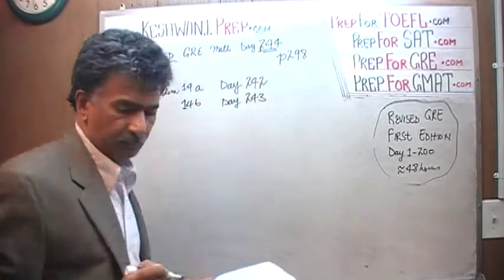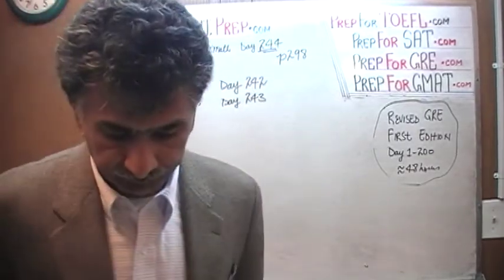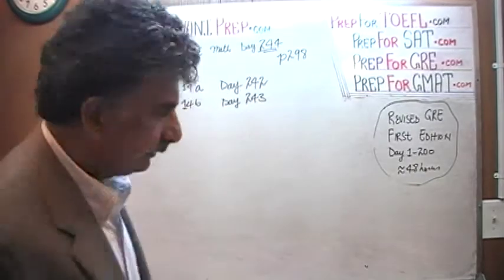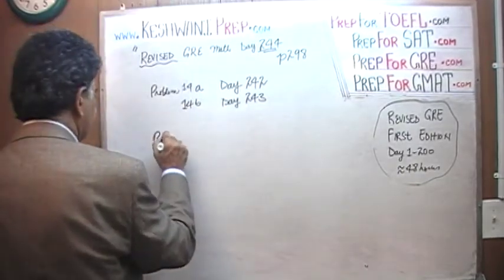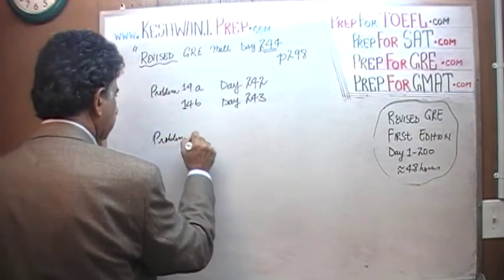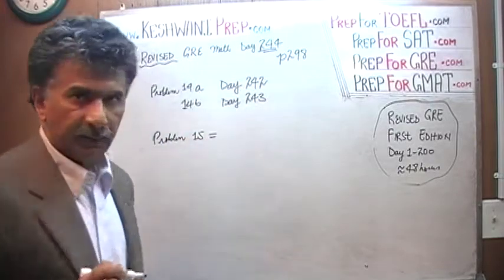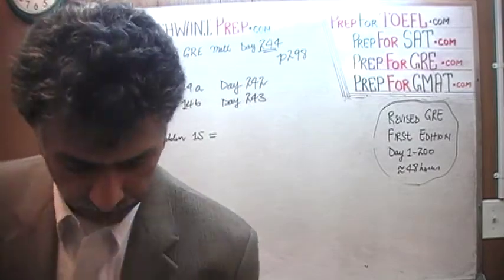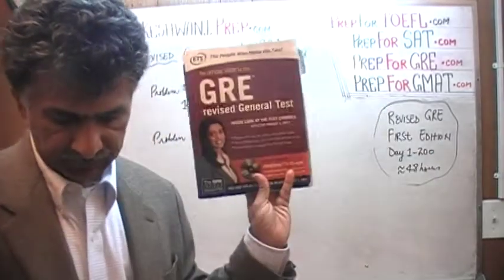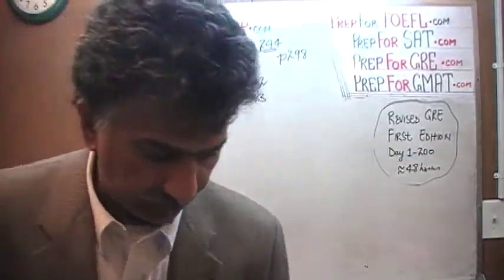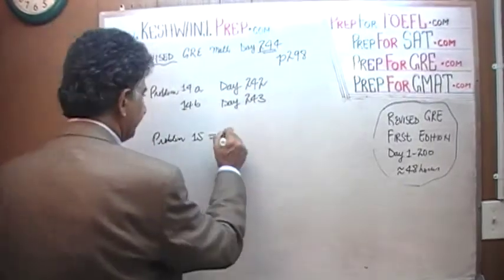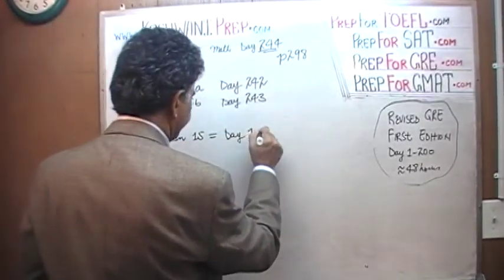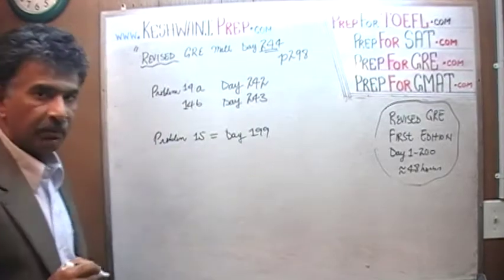Today is 244. And then problem number 15, I did it a long time ago because this problem appeared in the old GRE, the first edition of the revised GRE, and I did it on day number 199. So that takes care of problem number 14 and 15.